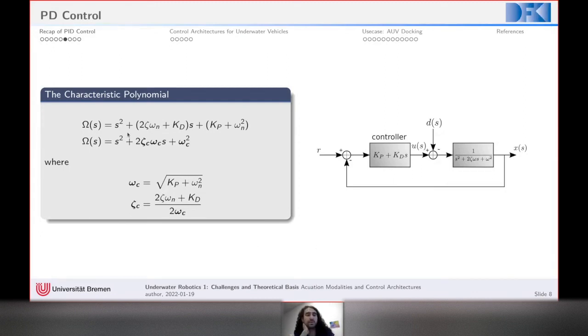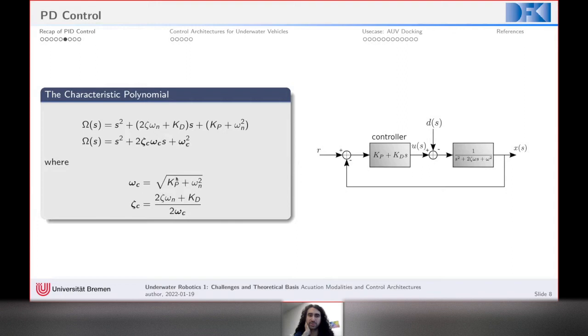So again, taking this characteristic equation, just recalling it from the last slide, I can write the new system as the following. This new characteristic polynomial is s squared plus 2 zeta c omega c s plus omega c squared, where c denotes controlled.